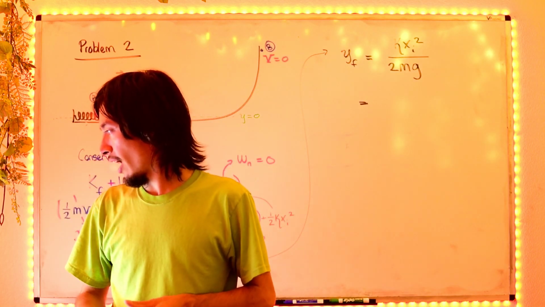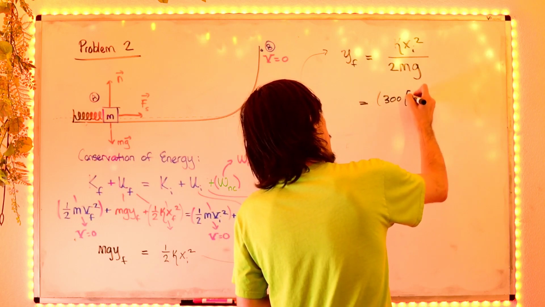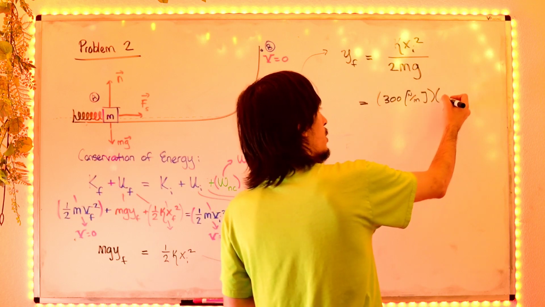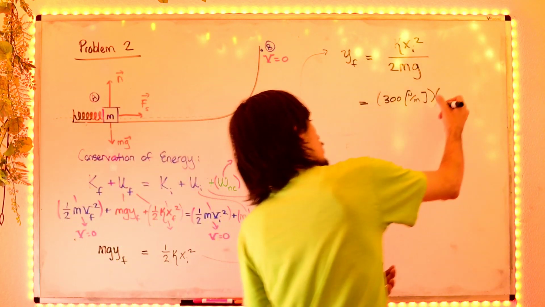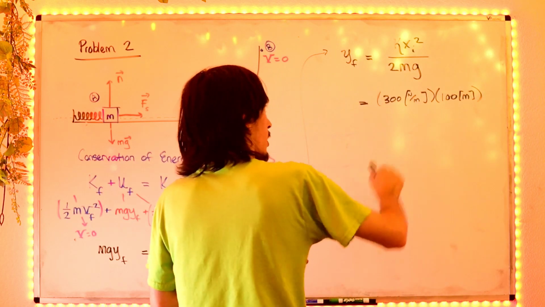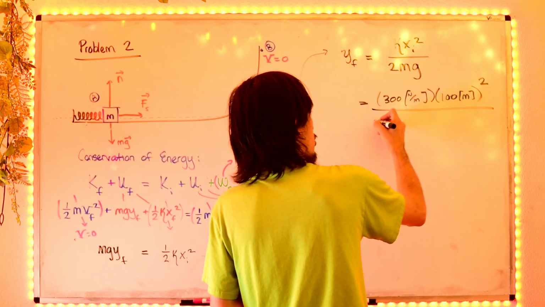In this case we have 300 newtons per meter times x initial, which is the distance that it's compressed initially, which is 100 meters. So we use 100 meters, squared. Divide that by 2.